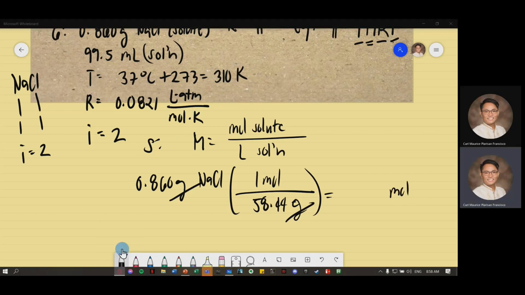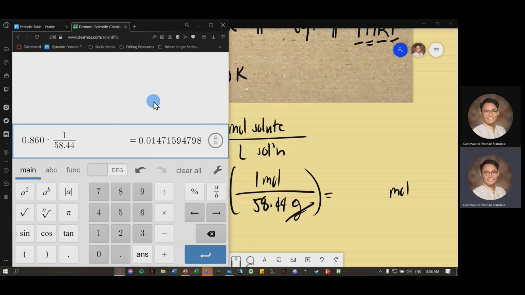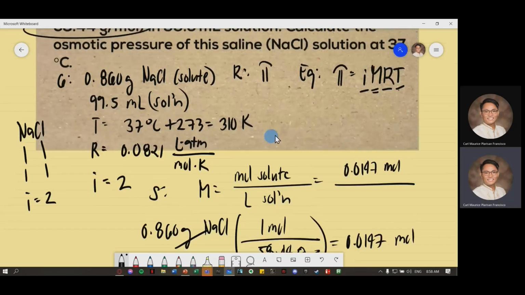Input this on the calculator: 0.860 times 1 all over 58.44. We'll be getting, up to 3 significant figures, 0.0147. Okay. And then for the denominator, liters of solution.